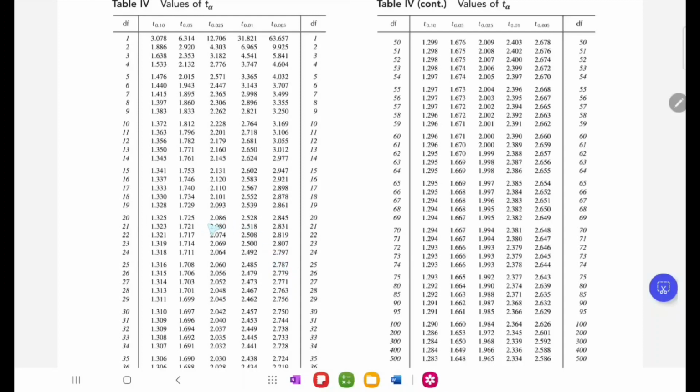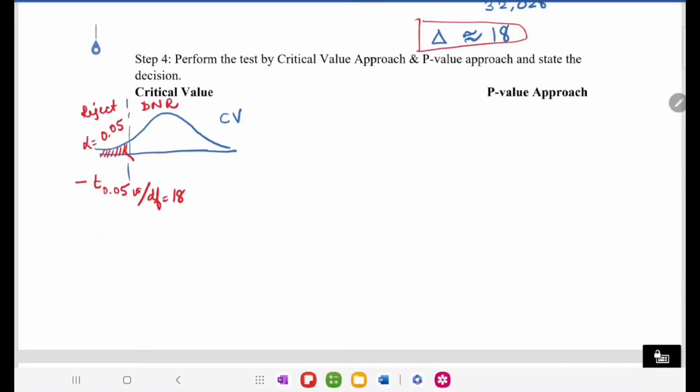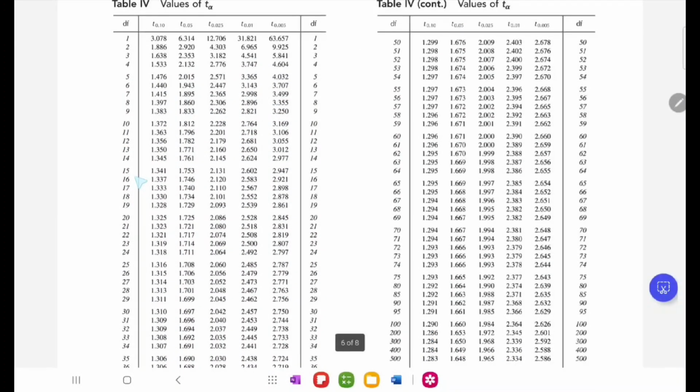So the critical value from the table with df equals 18 and t of 0.05 is 1.734. So if I go back to my worksheet, CV of negative t of 0.05 with df equals 18 is, what was it?